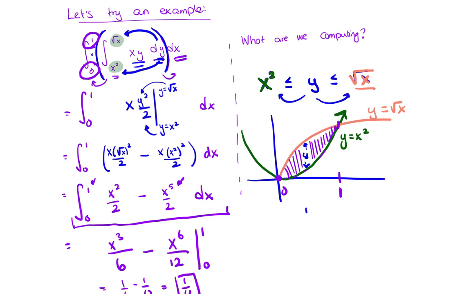So in 3D, what this is going to look like is I'm going to have my function x times y. So that's going to be some sort of function that's kind of sticking up like this, coming out here. Who knows what it's going to look like. That's in 3D. And then down, I'm going to have my x squared and my root x down there in the xy plane.